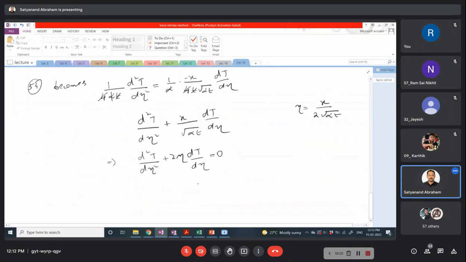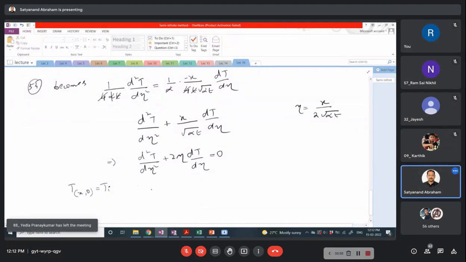Yeah. But in order to solve that, we need to have our boundary conditions also in terms of η. Right? The initial condition is T(x, t=0) is equal to Ti. So how can we write that?